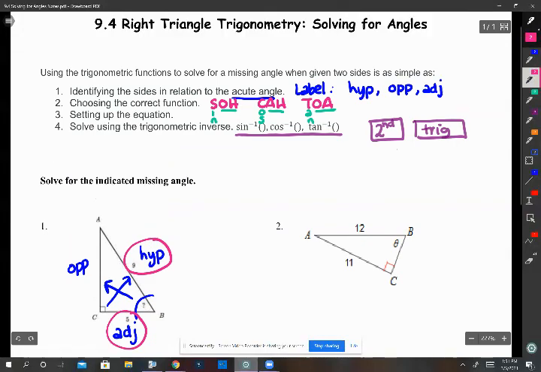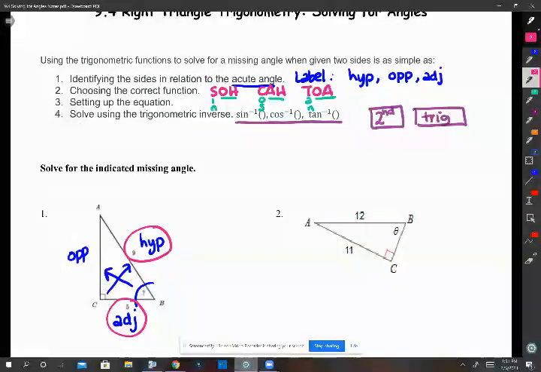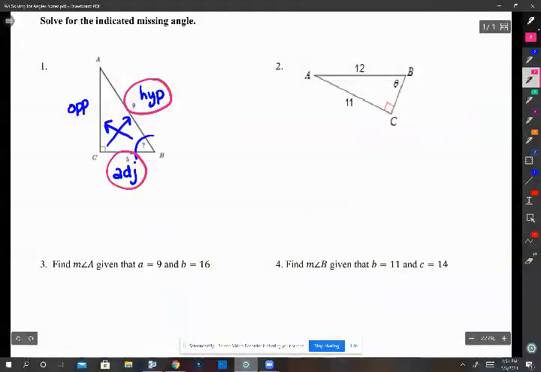A and H is cosine. So we're going to say cosine of angle B, because that's the one we're looking for, is equal to adjacent over hypotenuse. In order to find our angle, we do the inverse. So B is equal to cosine -1 of 5 over 9.